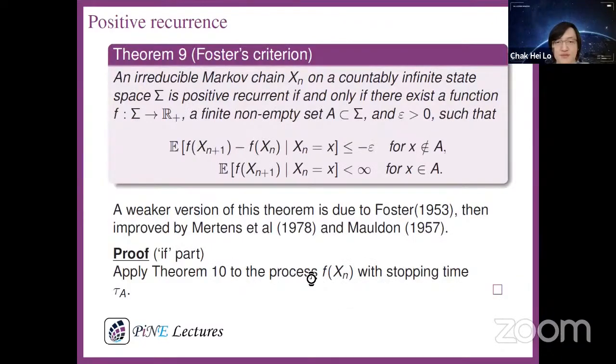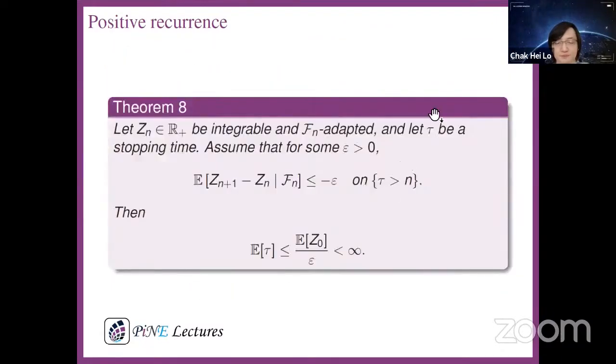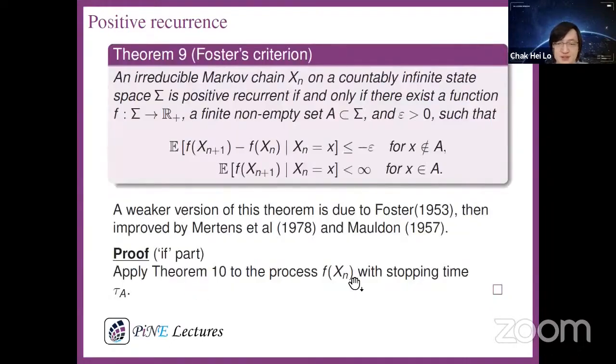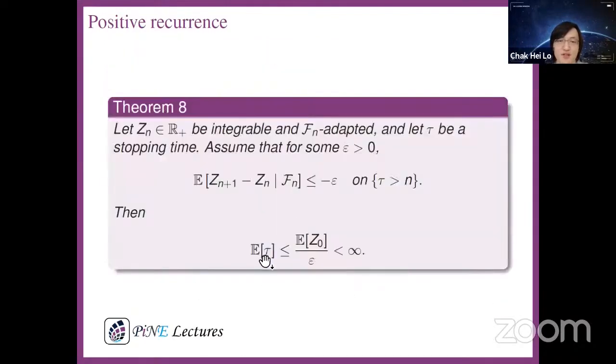If we have this theorem, we just apply it with Zn equal to f(Xn), and with stopping time tau A. So instead of stopping time tau, we have stopping time tau A here, and then for Z n plus 1, we have f(Xn plus 1), and then everything follows.